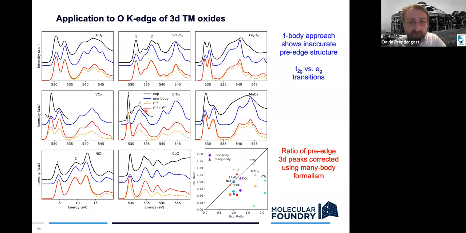You'll notice here that I have two curves in the simulated spectra, one called F1, which means I include only single electron hole pairs. With this determinant formalism, I also have the option to include two types of excitations, single electron hole pair and double excitation, so two electron hole pairs: the core hole and its electron, and then maybe a valence hole and its electron too.